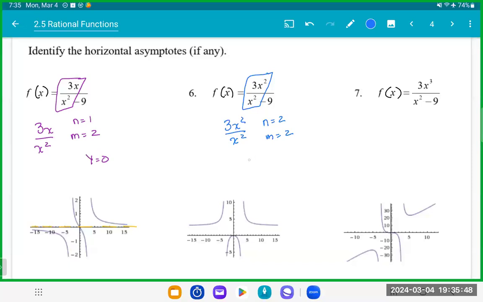So then our line is y equals 3 over 1 because it's the constant with each of the terms. So that is a 3 divided by 1. So that is at the line y equal to 3. And you can see here that there is that asymptote at y equal to 3. Okay.